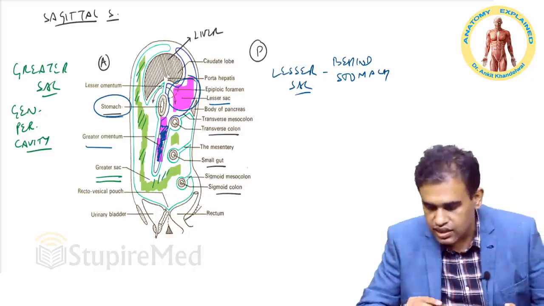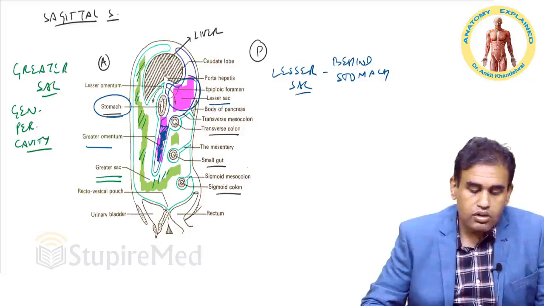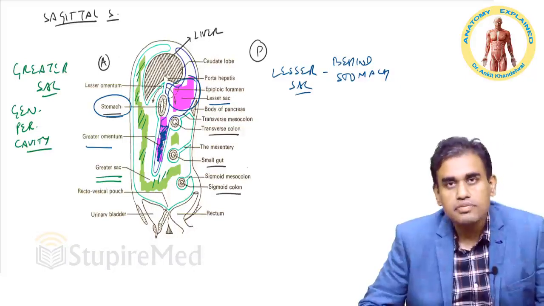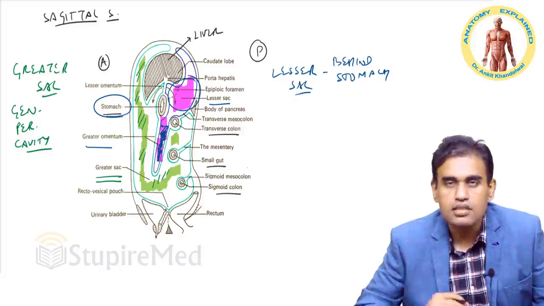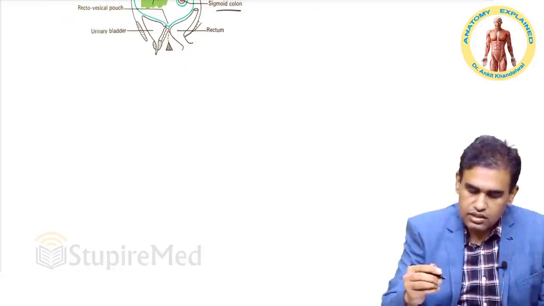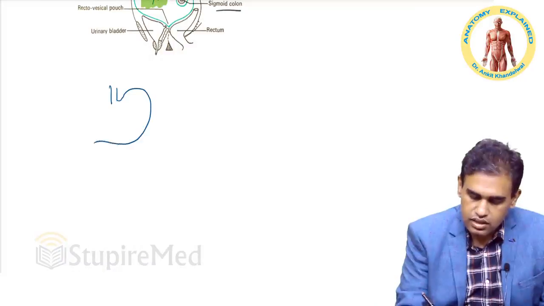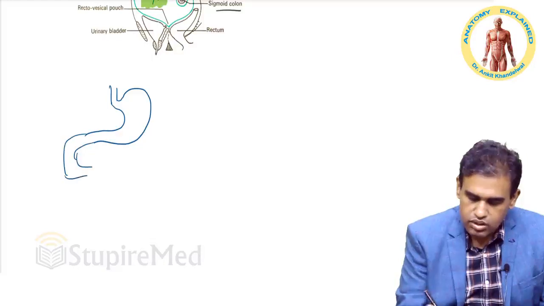So all this greater sac and lesser sac, they are peritoneal cavities. The main peritoneal cavity is the greater sac, and the smaller one behind the stomach is the lesser sac. Now come to the stomach. As we make a stomach, we have the esophagus, then the fundus, the greater curvature, the lesser curvature, and the duodenum.